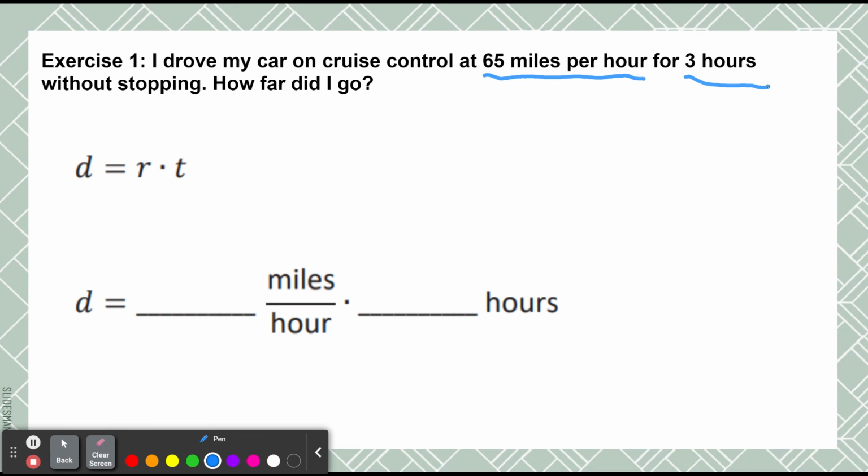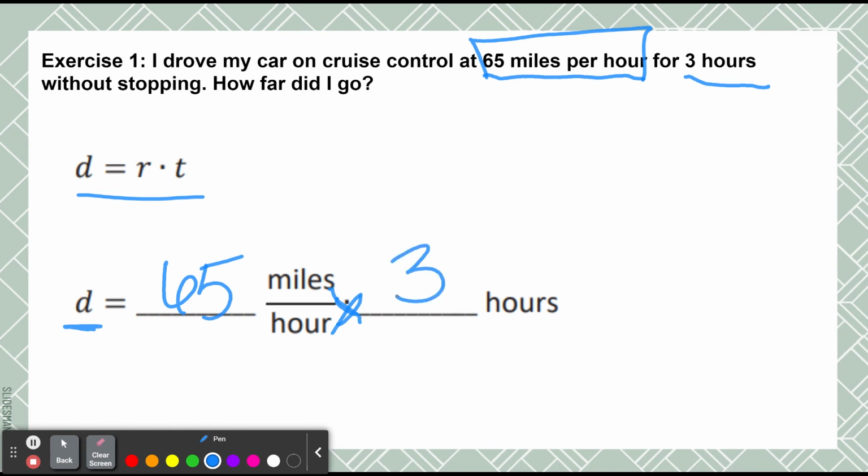So if I'm looking at my formula of distance is the rate times the time, the distance that I went equals the rate, which we know this time, 65 miles per hour. The dot represents times. So if you want to put an X in there, you could. I'm going to multiply that times the time, 3 hours.